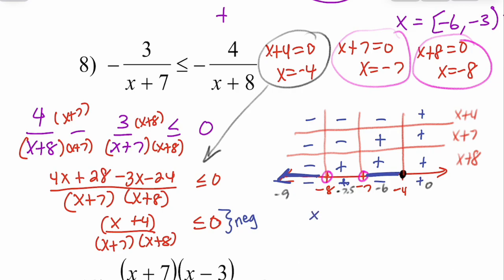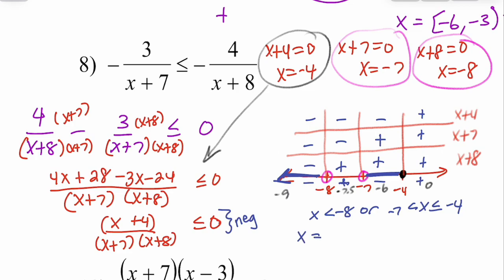We want all x's that are less than -8, or x's that are stuck between -7 and -4. Now you'll notice I put an equal to on the -4 only. It's the only one that had an equality there. Everything else are open circles. So now let's do our interval notation and we're done.